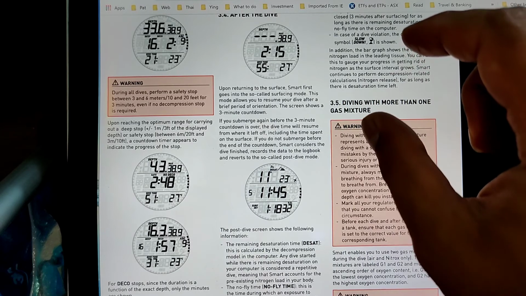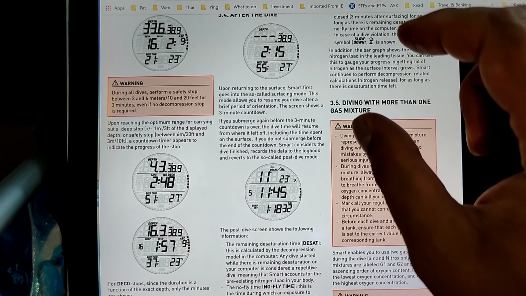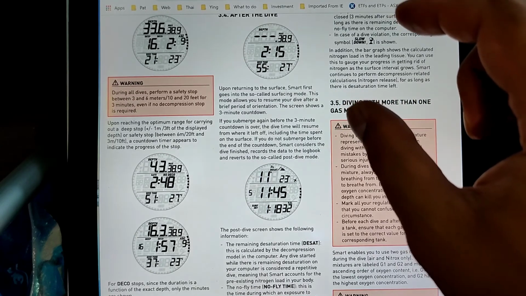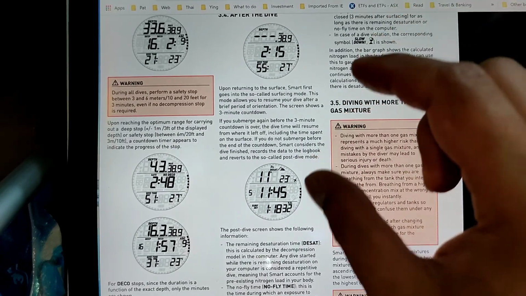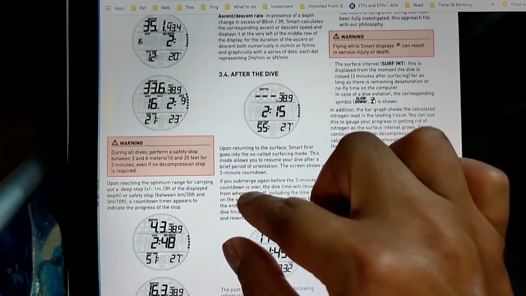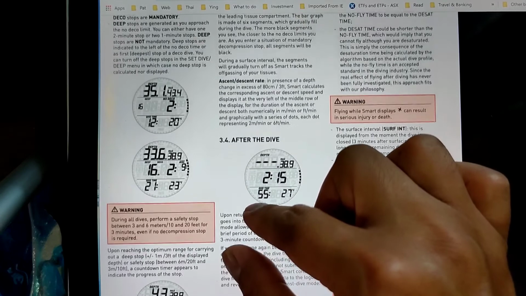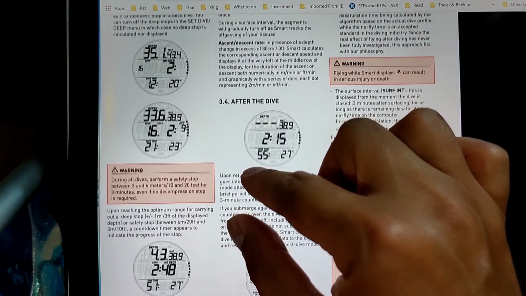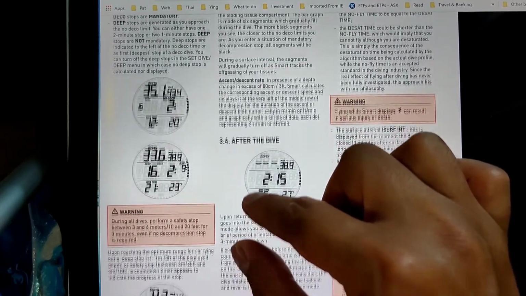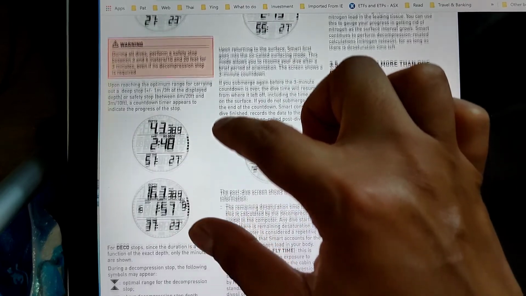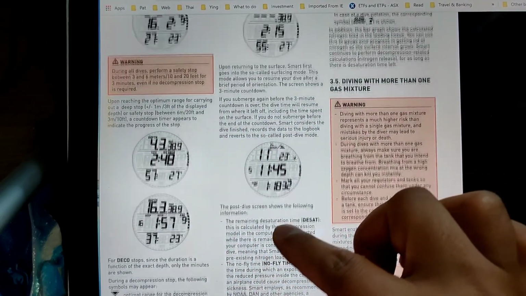So normally when the deco stop comes up, it's going to be between 3 to 6, like that. But some people can also choose to do it at depth, like rather than doing it at 3 to 6 meters, they can do it at like 16 meters. That's the deep setting. Okay, it's quite advanced, but we don't set that. We don't do that.